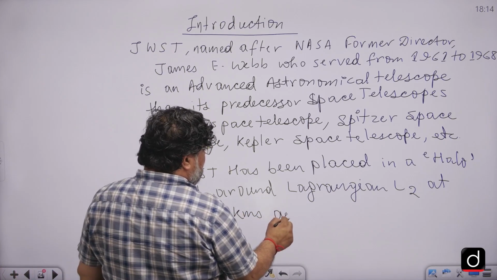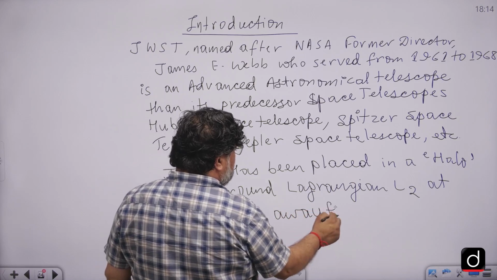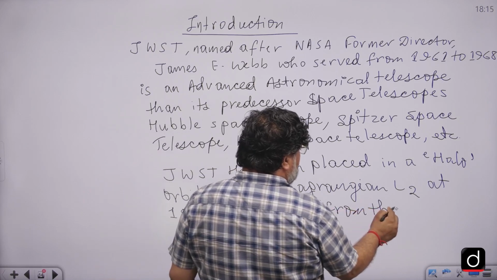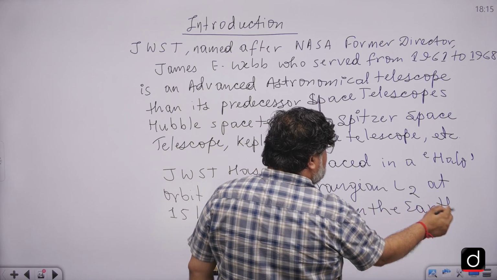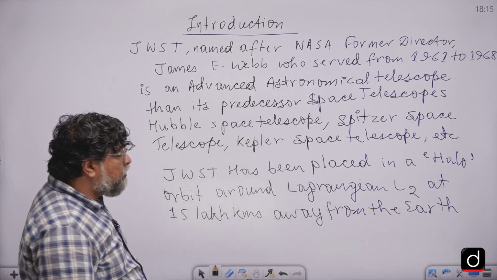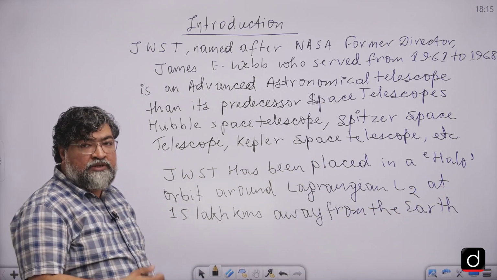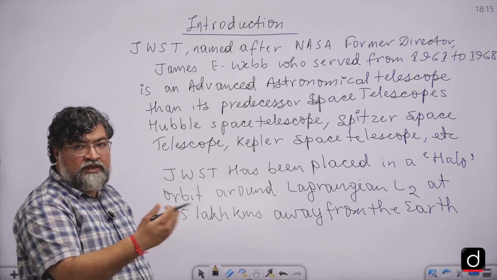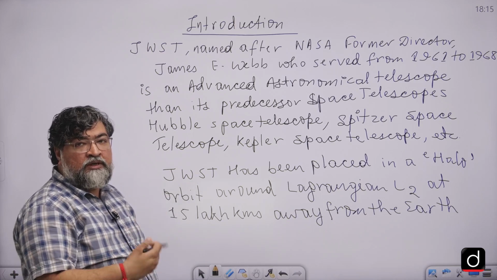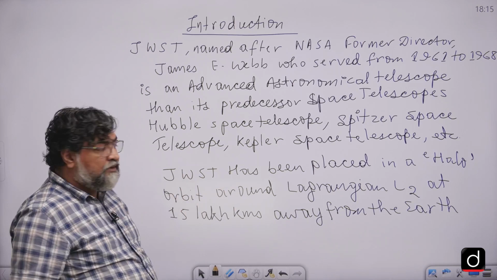So you can write the orbit around Lagrangian point L2 of the Sun-Earth system. If we take the 5 Lagrangian points, L2 is at the backside of the Earth.